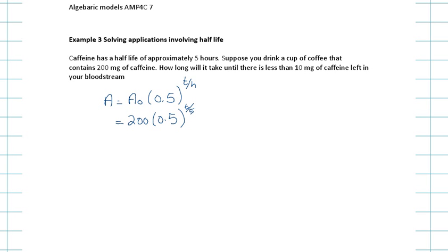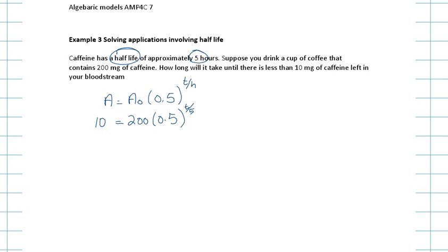What else do I know? How long will it take until there is less than 10 milligrams of caffeine left? So you know 10 milligrams. 10 milligrams is the final amount, so it replaces the letter A. So what letter am I looking for? T. And you see why we do that now? Because you can use log.